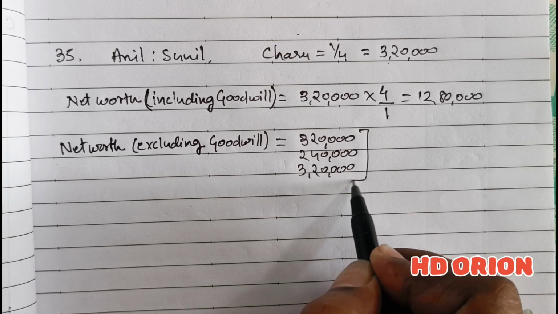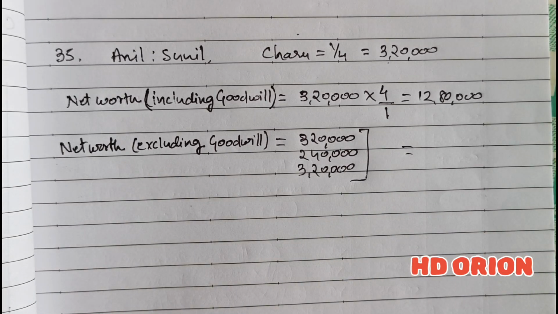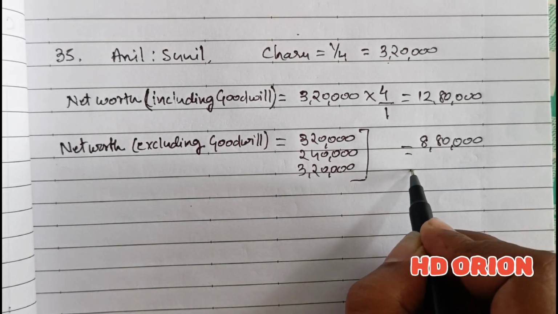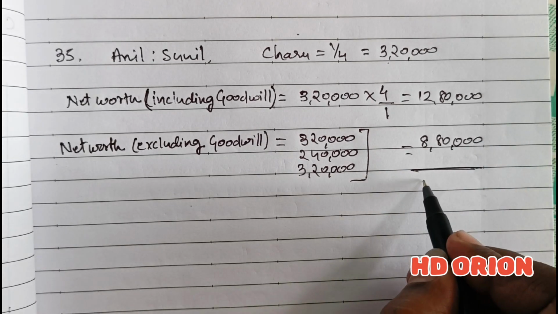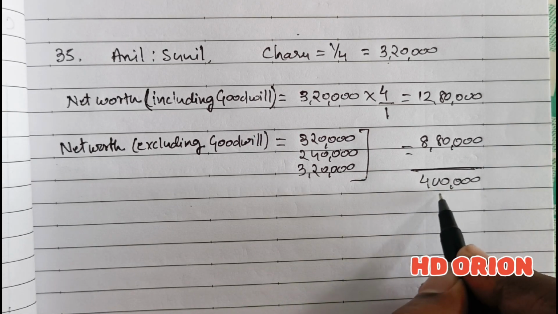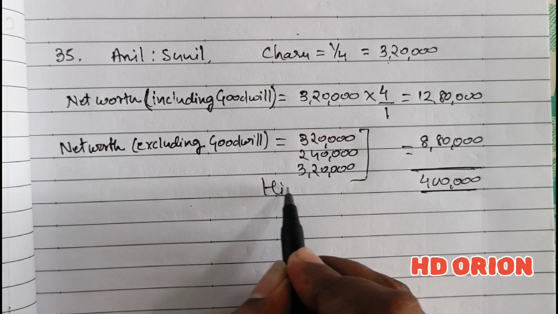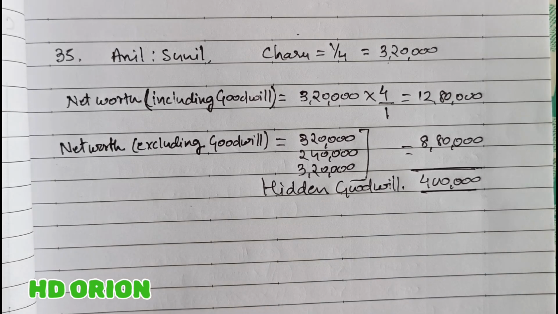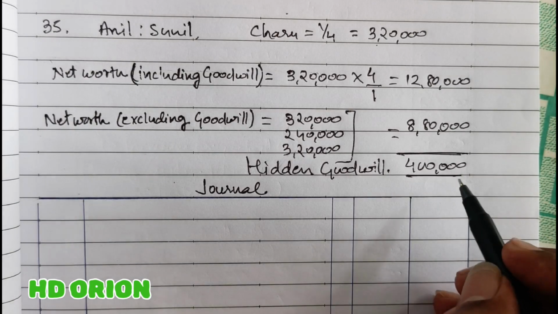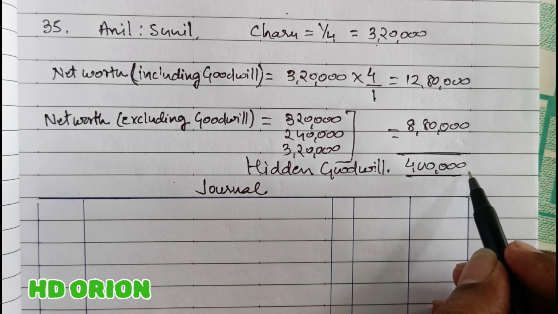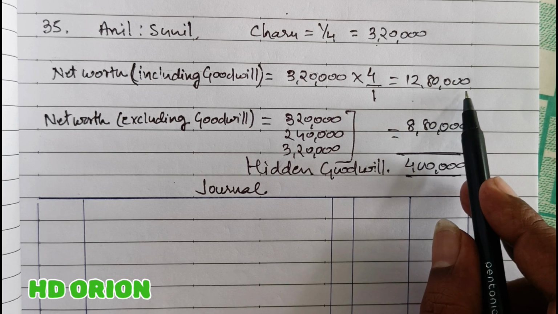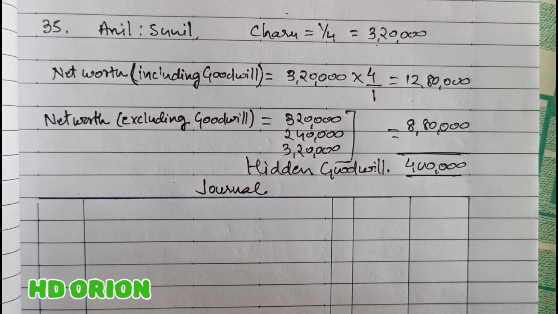Now, when you total this, it is the net worth excluding goodwill, and the amount is rupees 8,80,000, and the difference between these two amounts is rupees 4 lakh. So this is hidden goodwill. So without investing rupees 4 lakh extra, the firm is enjoying a benefit of capital of rupees 12,80,000. So this is what hidden goodwill means.